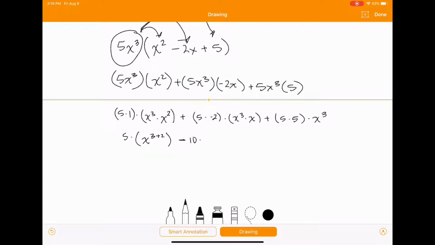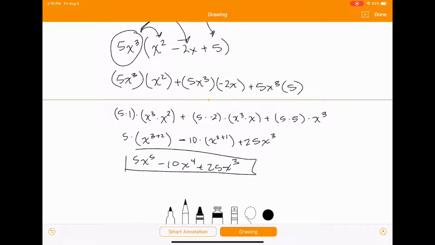Negative 10 times x to the 3 plus 1 plus 25x cubed. So 5x to the 5th minus 10x to the 4th plus 25x cubed. And that's how you multiply a monomial by a polynomial.